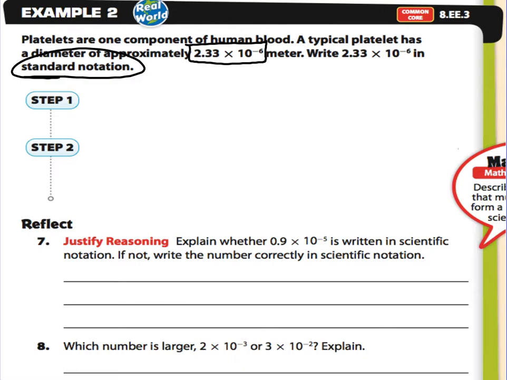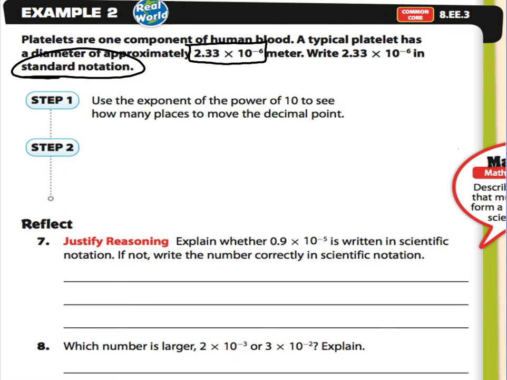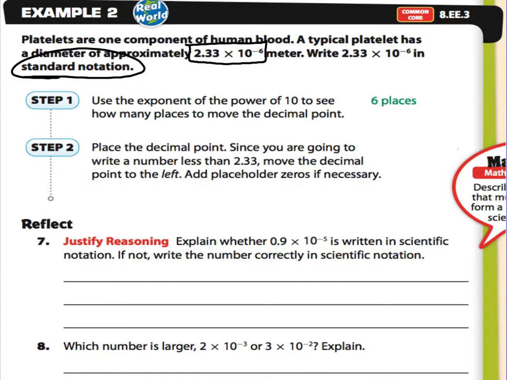The first thing we are going to do is use the exponent of the power of 10 to see how many places we have to move the decimal point. Well, it's a negative 6, so I want to move it 6 places. However, since it's a negative 6, I'm moving it 6 places to the left.